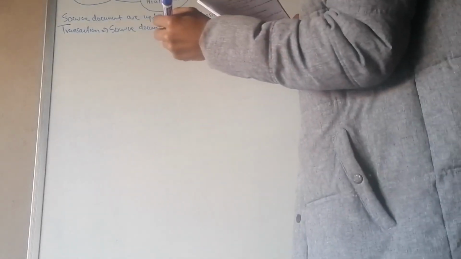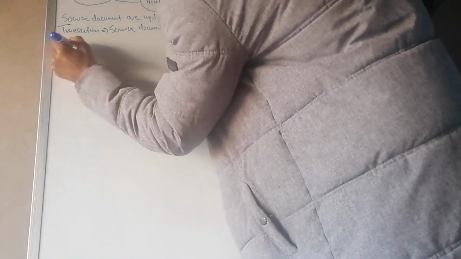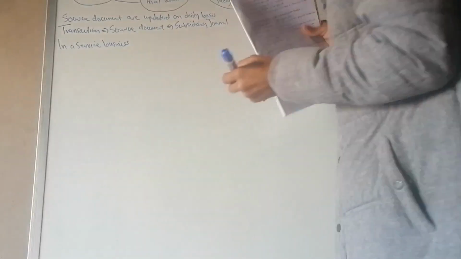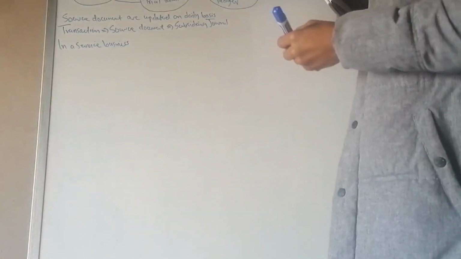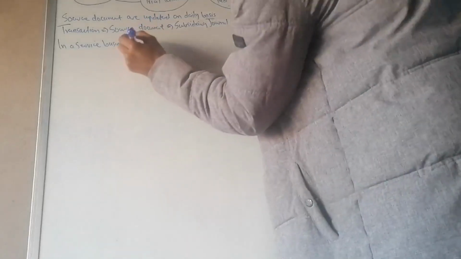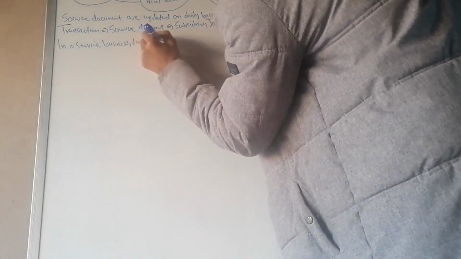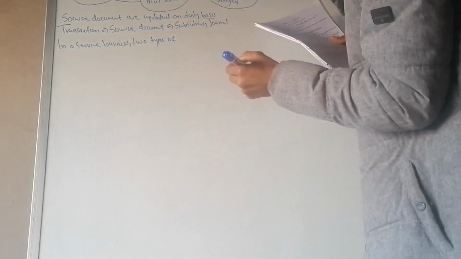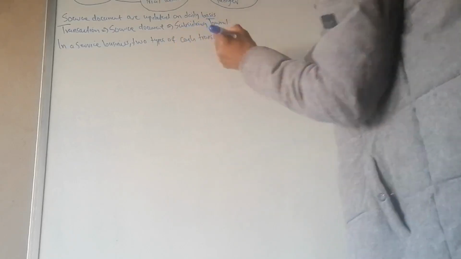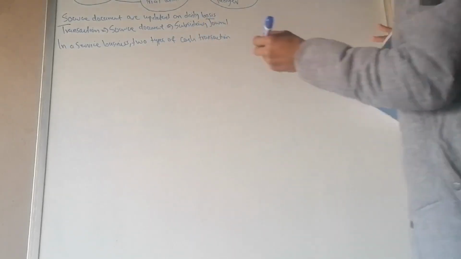Alright. Once the information is recorded on subsidiary journals, there are two types. We are therefore saying in a service business, two types of cash transactions take place on a continuous basis.